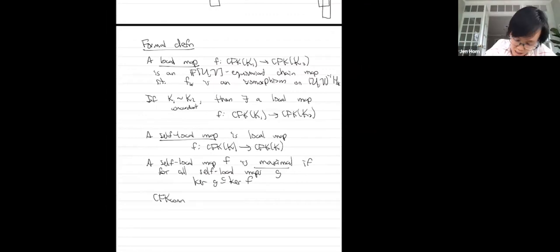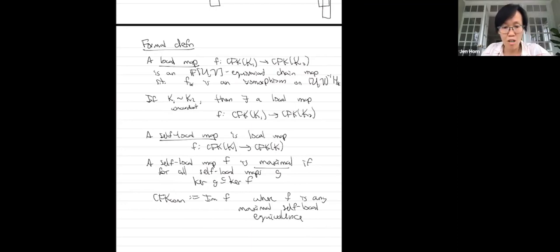And so CFK connected is just defined to be the image of F, where F is any maximal self-local equivalence. Great. So it's an exercise to check that this is actually well defined. As long as your self-local equivalence is maximal, it's independent of the choice of self-local equivalence.